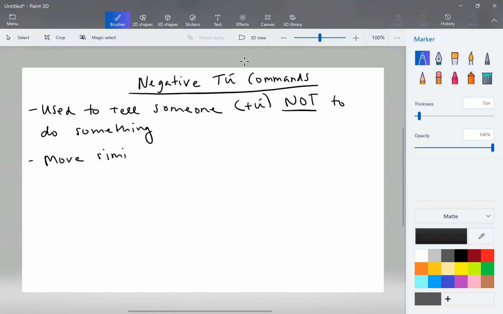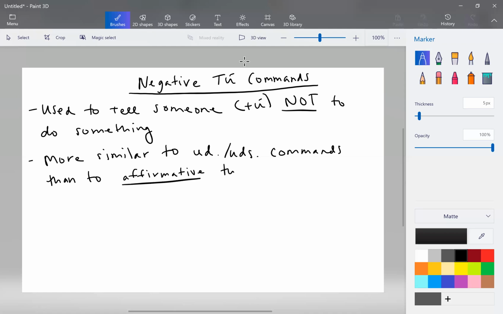And they're more similar to usted and ustedes commands than they are to affirmative tú commands.